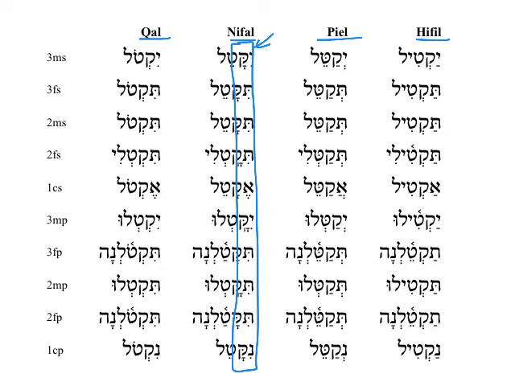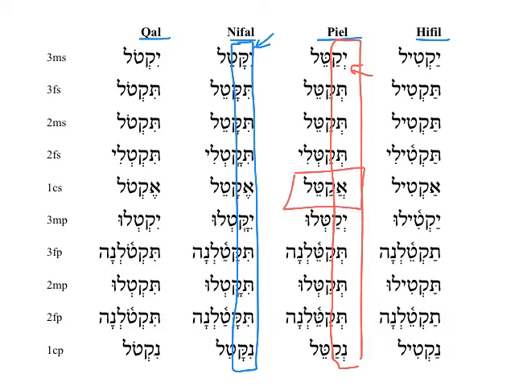And when we talk about the pa'el, very consistently using the shva, no matter which prefix pronoun is there, we have the shva. The only one that's a little bit tricky here is the first person because it has a compound shva.